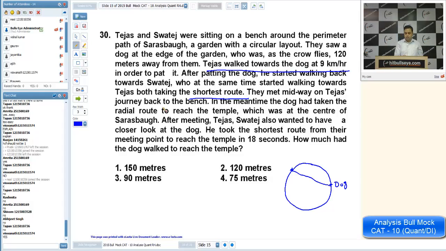Then after petting the dog, he started walking back towards Savtej, who at the same time started walking towards Tejas. And also the question says that the aerial distance is 120 meter. So this distance is 120 meter. So now Tejas is here and Savtej is still here.